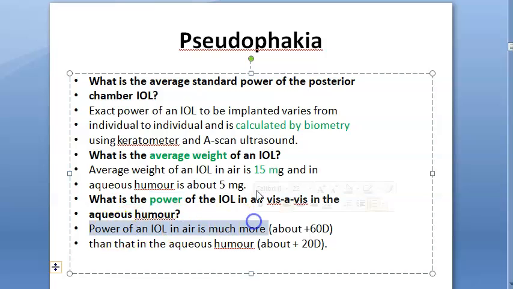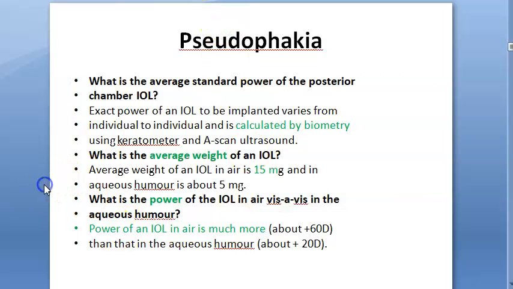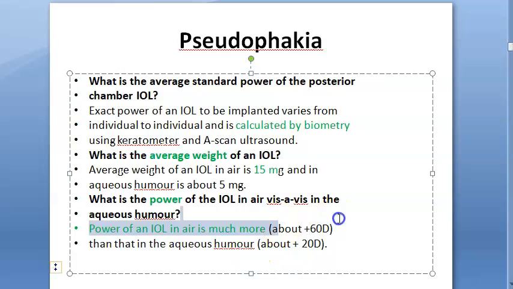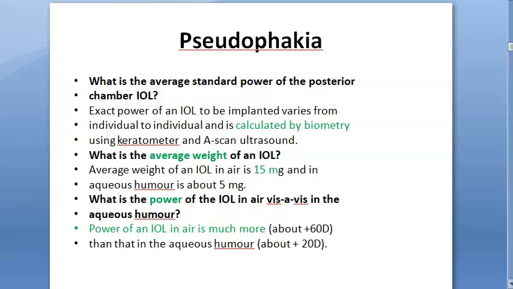The power of an IOL in air is much more, about plus 60 diopter, but once it goes into water, that is aqueous humor, the power reduces to plus 20 diopter. You want to achieve less than 20 only, right? That is the power of the crystalline lens.